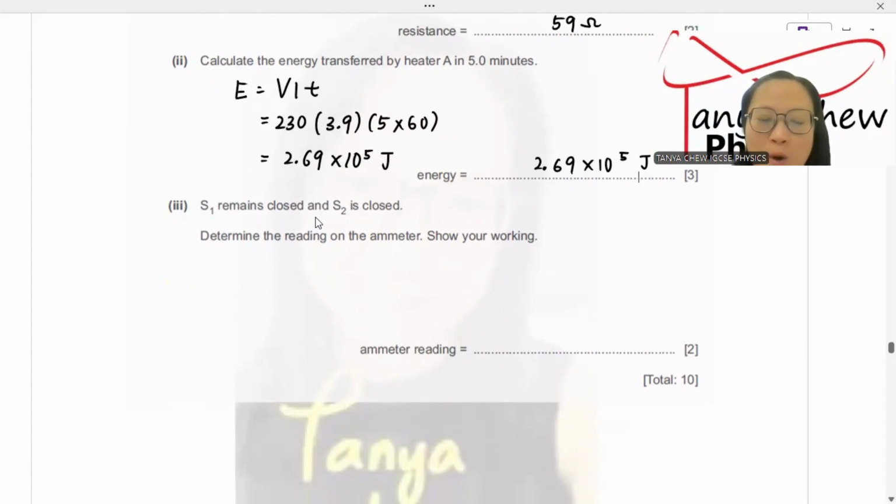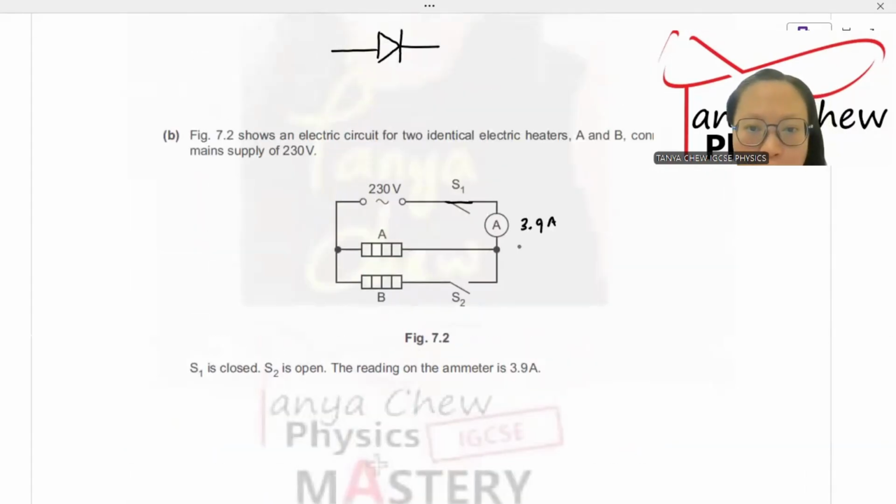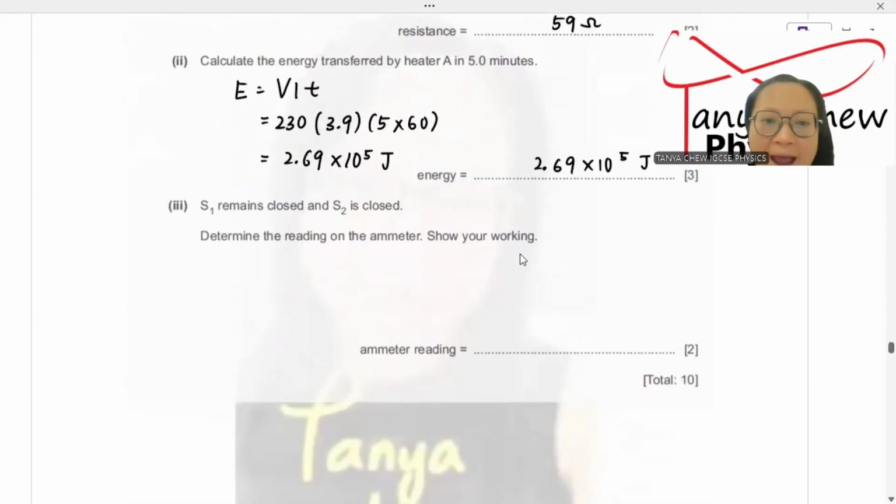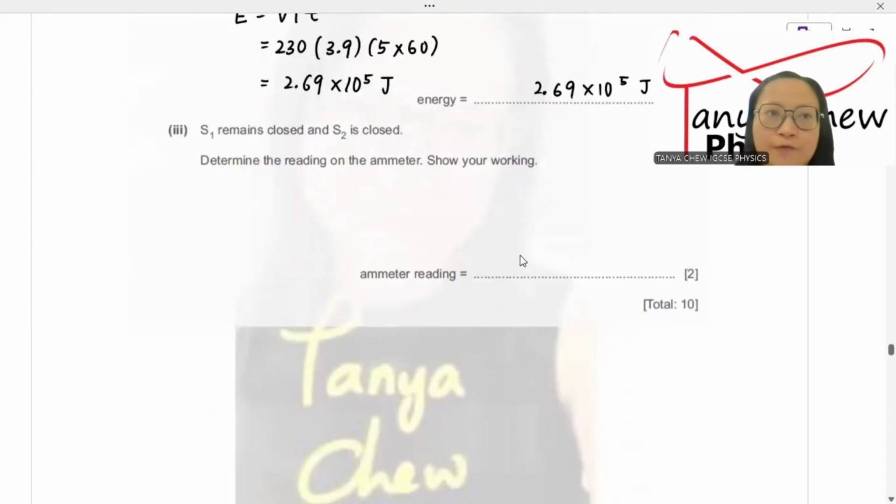Now the third one, S1 remains closed and S2 is closed. Determine the reading on the ammeter. When S2 is closed, these two heaters are arranged in parallel. So you have to find the effective resistance of the two heaters. Effective resistance means total resistance.